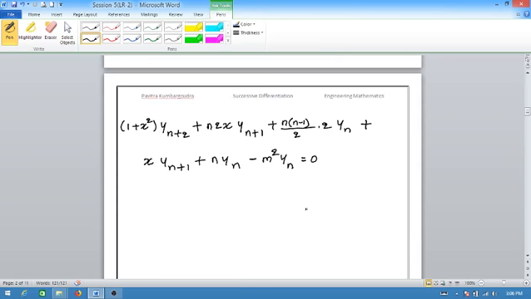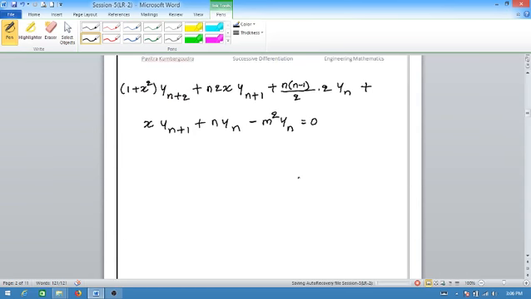Now simplify this function: 1 plus x square into y n plus 2. Now take the y n plus 1 terms. This is a y n plus 1 term and this is a y n plus 1 term, right. So x is common and y n plus 1 is common.